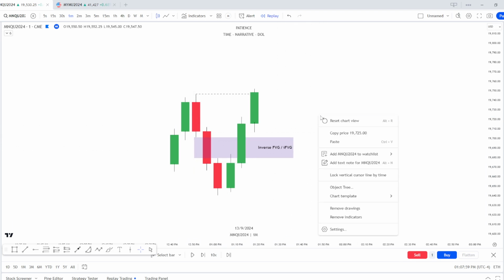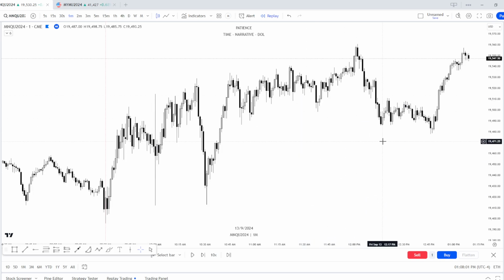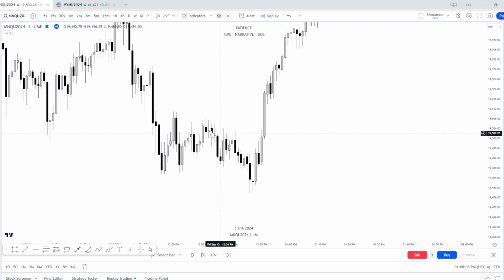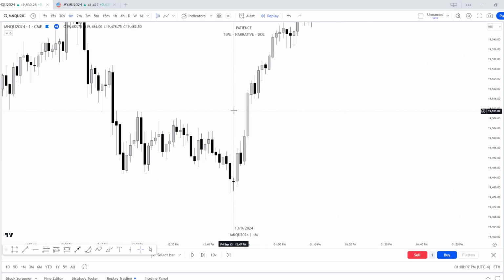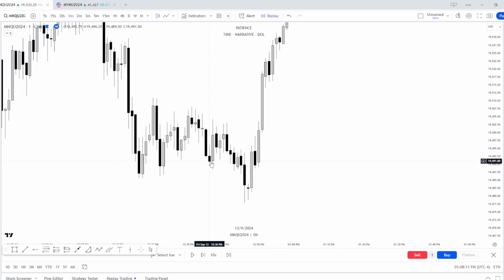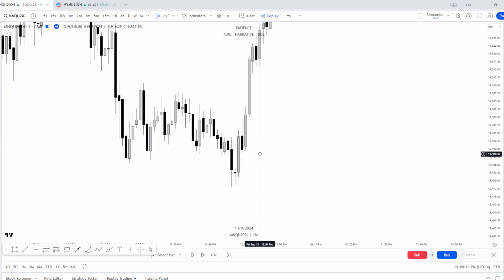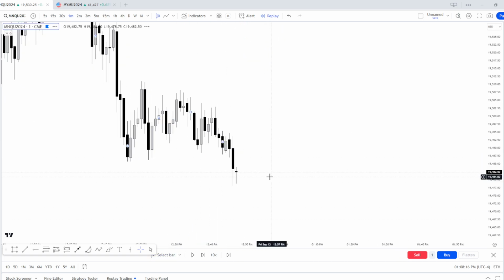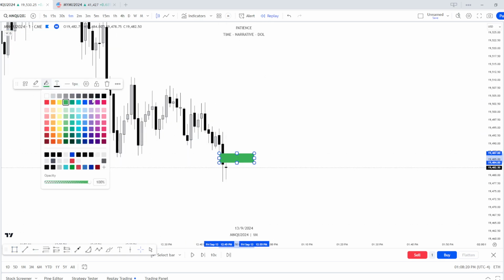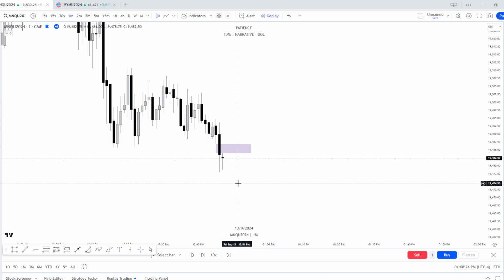To show you a little more examples, I'll get rid of this and we can go onto the chart and actually show it. If we go down to the bottom of this price range, we can see that price was continuing to go down and down and down, right? And then right around here in price, we formed this bearish fair value gap. If I change the tool up a little bit, we formed this bearish fair value gap right here.